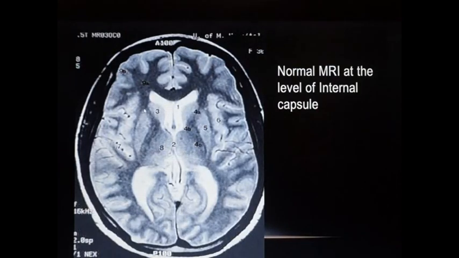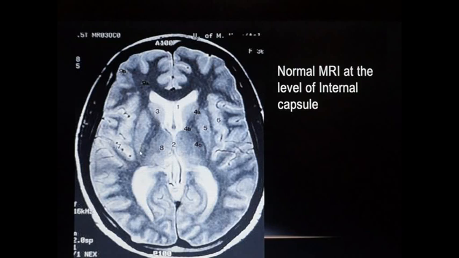This is a normal MRI taken at the level of the internal capsule. To identify the internal capsule, first we shall locate the caudate nucleus. 3 is the head of the caudate nucleus, 8 is the thalamus, and laterally 5 is the lentiform nucleus.